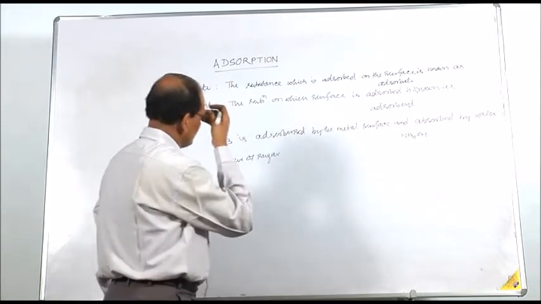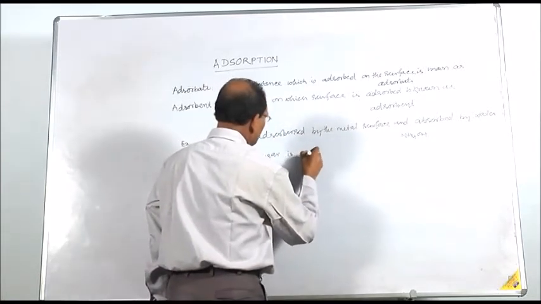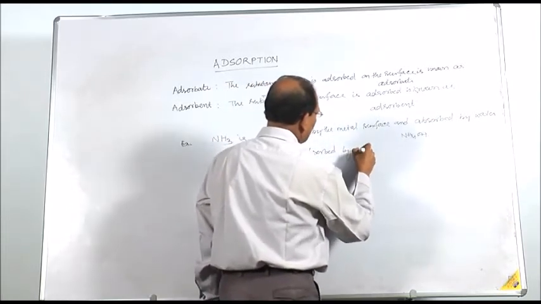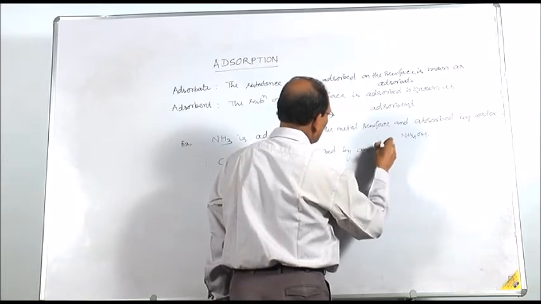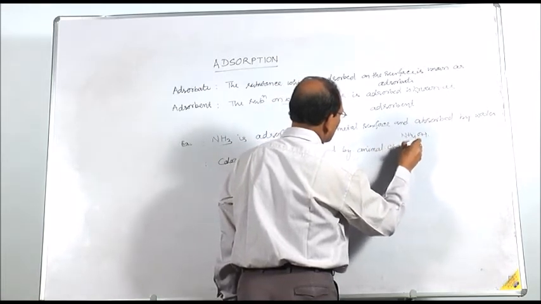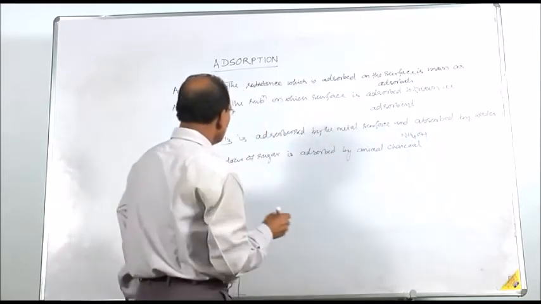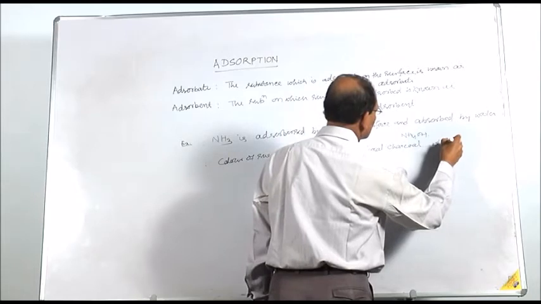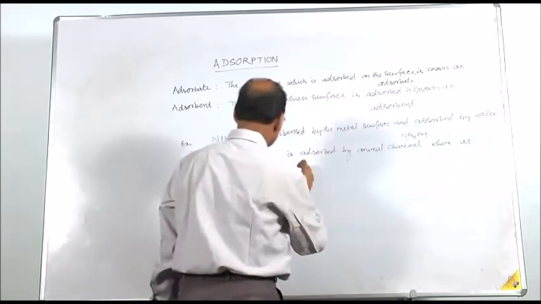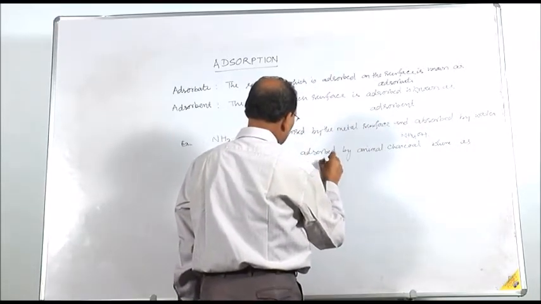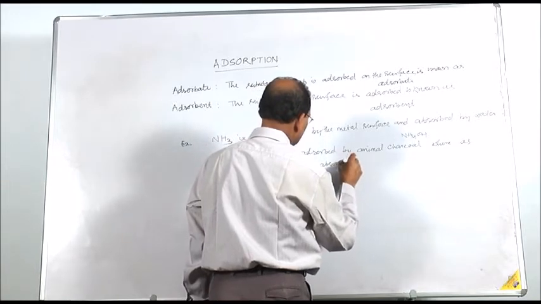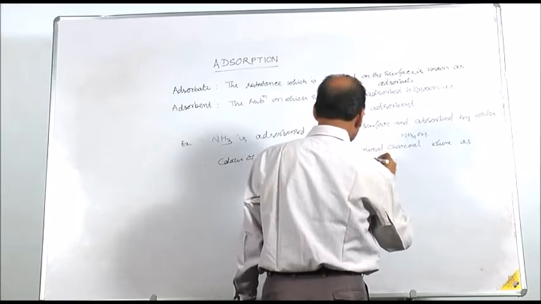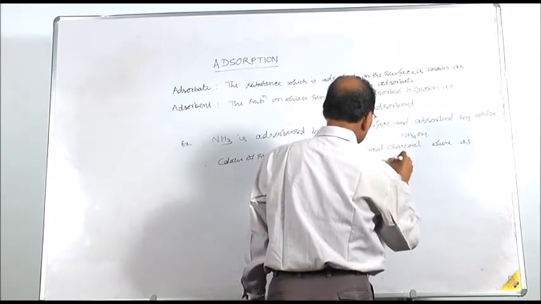Color of sugar is adsorbed by animal charcoal, whereas it is absorbed by any fibers.